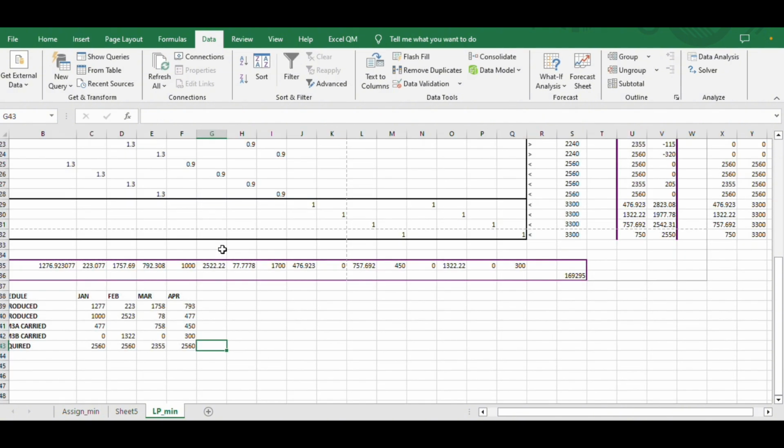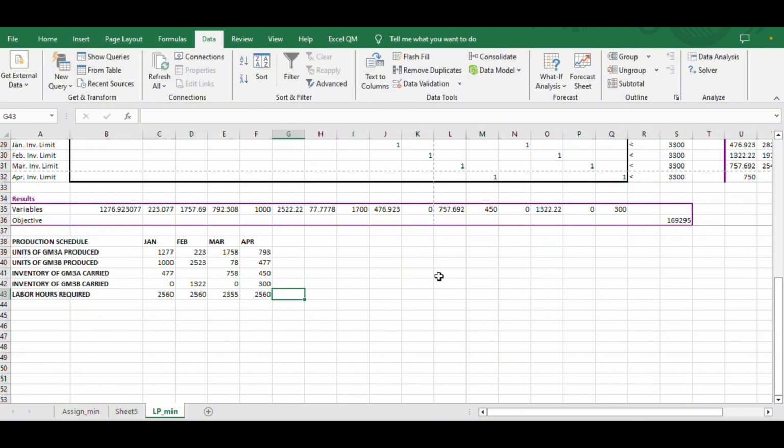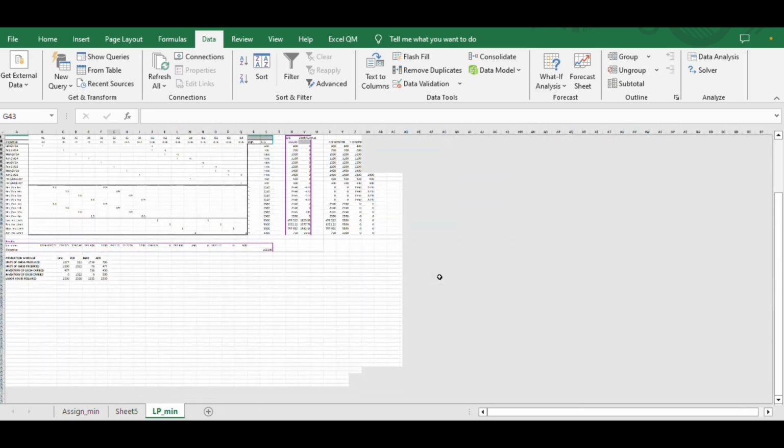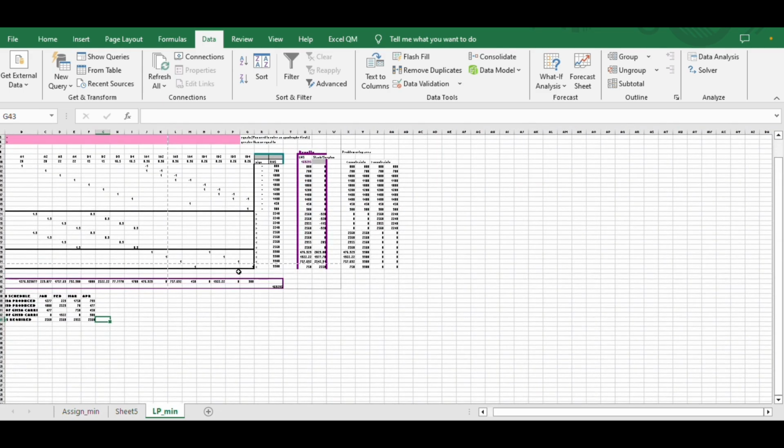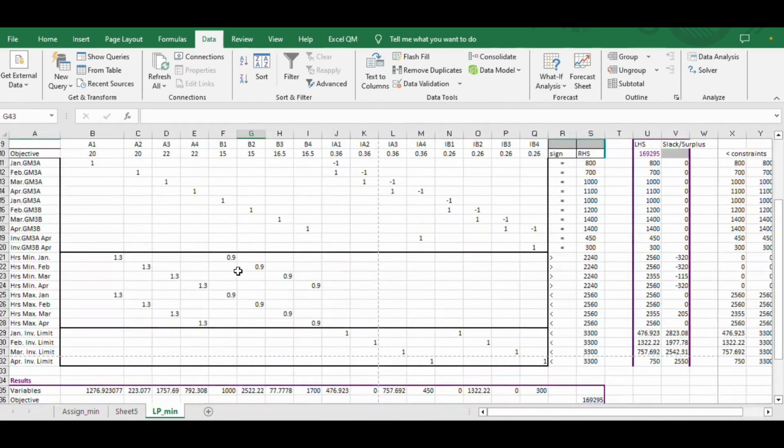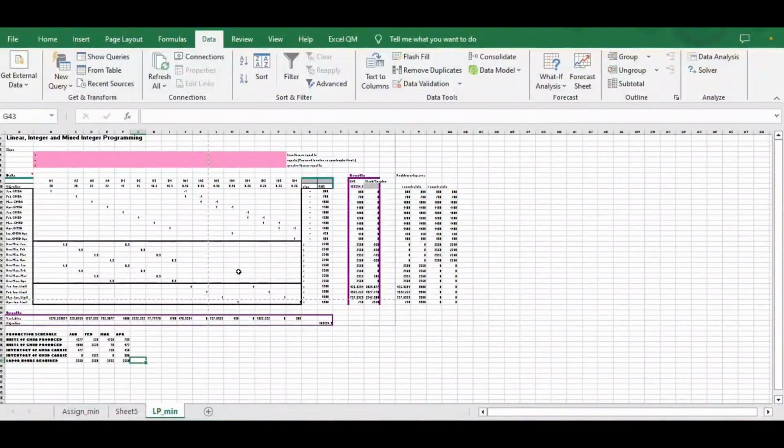So now we have our production schedule using simple linear programming for production scheduling, having 3 types of constraints. That's all, and I hope you can explore more about the application of linear programming.